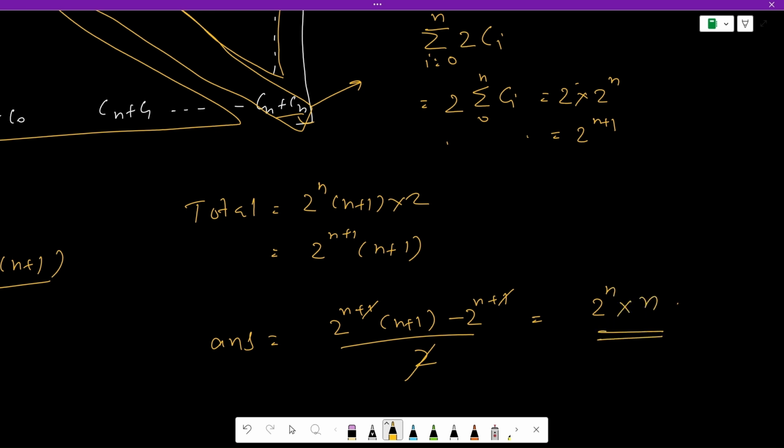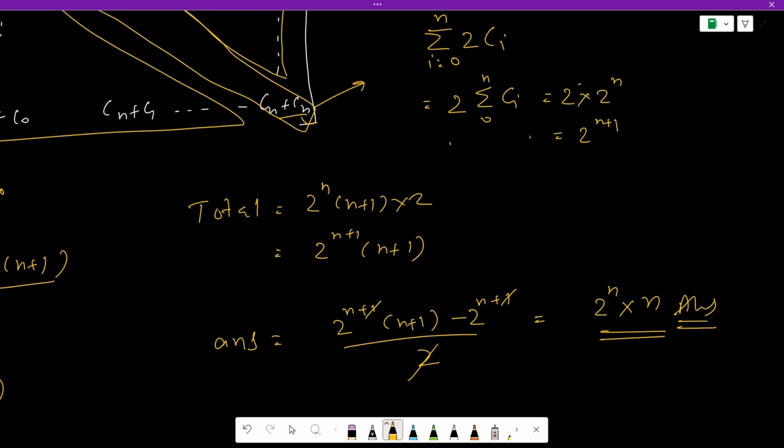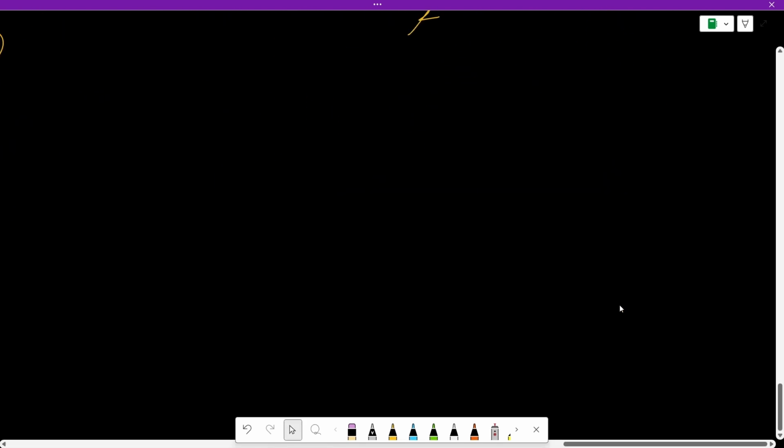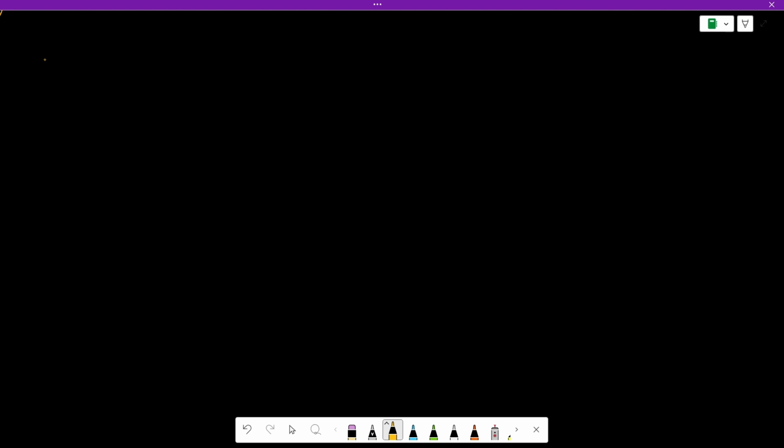This is the final answer. If you have followed till now, you must have understood the core concept behind solving these questions. That is to create the matrix for the disjoint summation, and then get the required part.